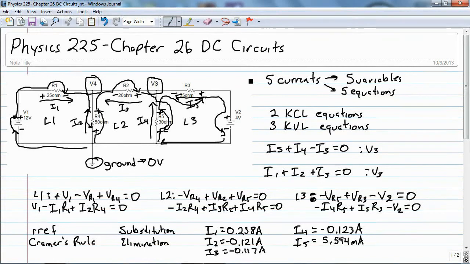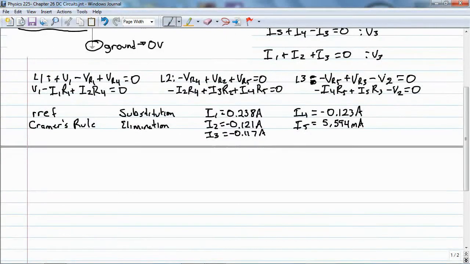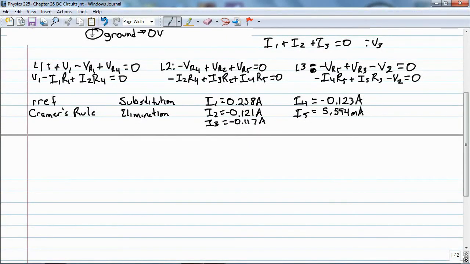Now, let's go and solve for the rest of the voltages. So we have VR1 is equal to I1 times R1, and that gives me 5.958 volts.